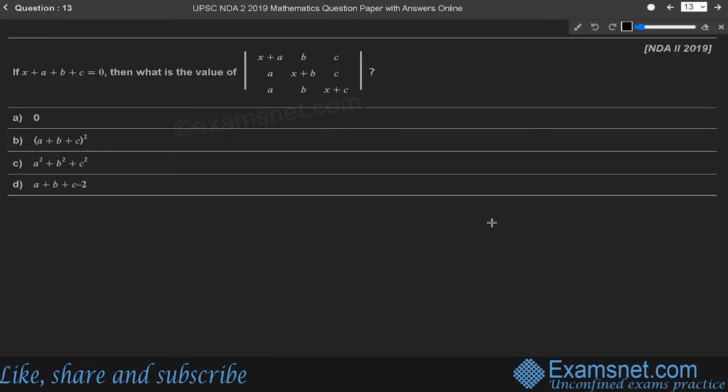Next question is, x plus a plus b plus c is equal to 0. Then what is the value of the determinant x plus a, b, c, a, x plus b, c, and a, b, x plus c? So let this be equal to delta.